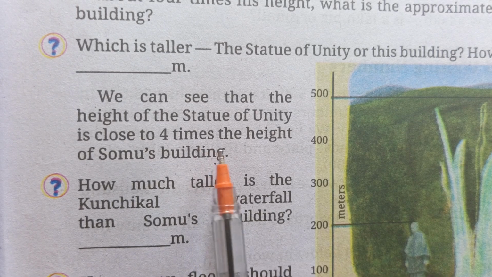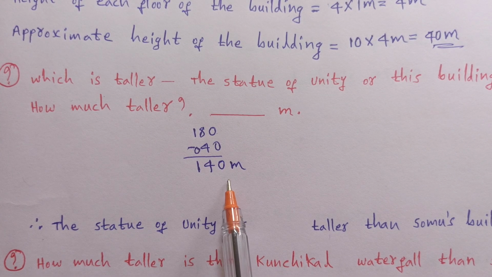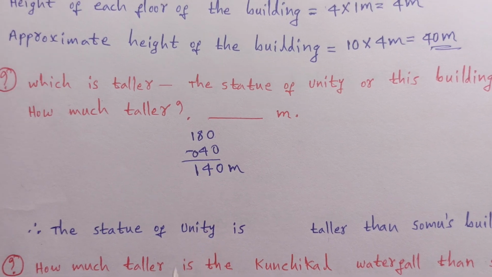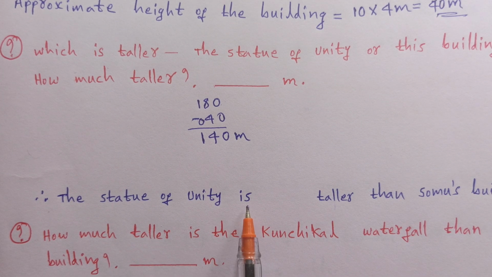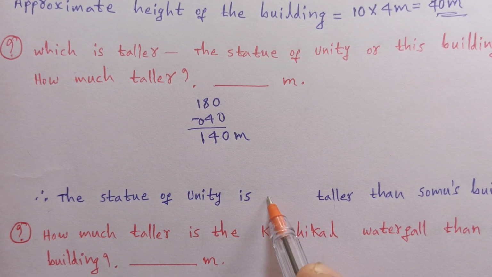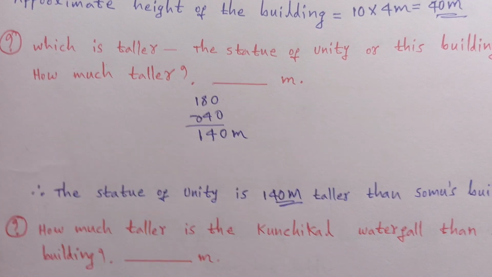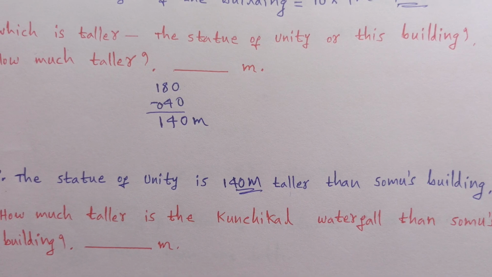So this is the approximate height. So the actual height is how much? 140. It is not actually 160. So 140 meters. Therefore the conclusion is the Statue of Unity is 140 meters taller than Somu's building. So this is the first answer.